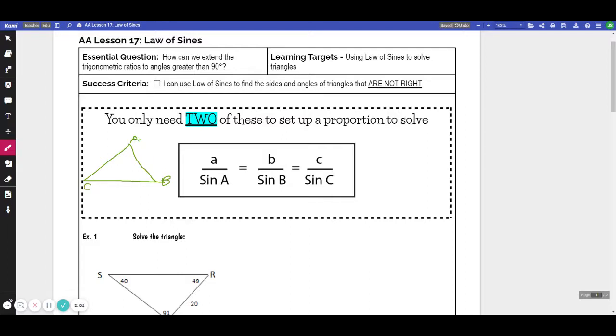Side a, lowercase a, is across from angle A. So the angle and the side that correspond are opposite each other. Angle C is across from side c, and angle B is across from side b. That is super important. It will throw everything off if you mix up the sides and angles.